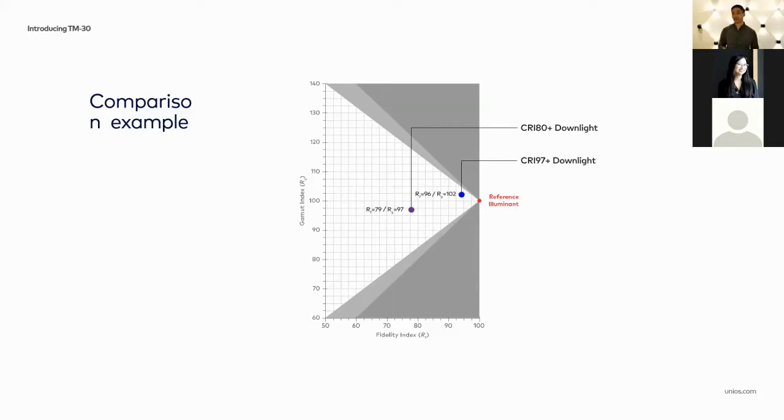And in this comparison example, we can see that CRI is somewhat linked to the Fidelity Index, and they both measure the same property. However, it's not always that close, and the reports I'm about to show you explain why.